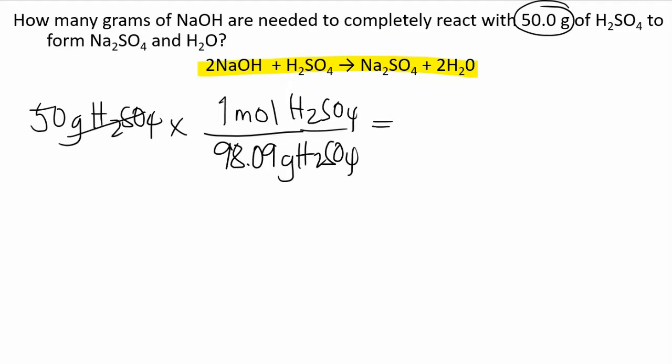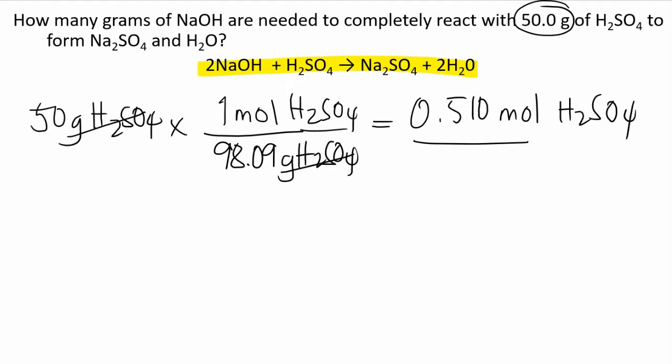So, cancel natin to. We will be left with mole of H2SO4. And the answer is 0.510 mole H2SO4.